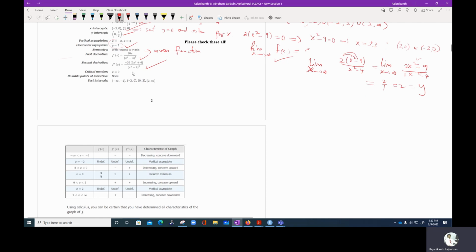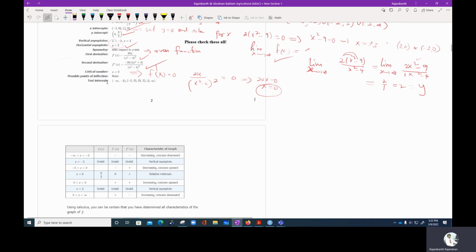Remember, to find the critical number you are setting to 0 the points where the first derivative is 0. So my first derivative function is 20x over x squared minus 4, squared. If you set this to 0, this will give you a possible value. Remember, 20x supposed to be 0. So x is 0. This is the only candidate for being a critical number.